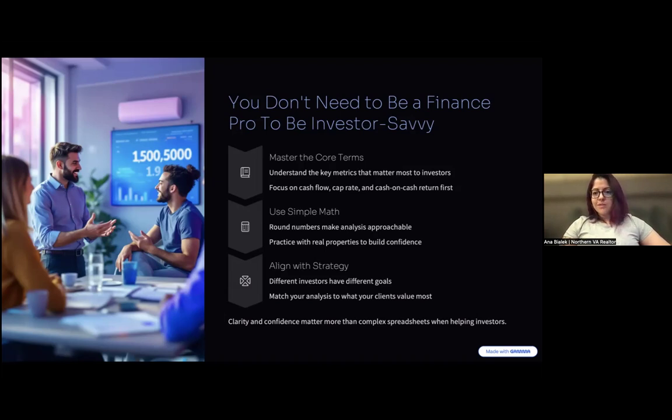That's the main goal for real estate investors: making sure their money is working for them and generating more money. So just practice so you can get clarity and become confident. Honestly, having that is way more important than whipping out a 50,000 line spreadsheet and showing someone a bunch of numbers. Investors want to know that you understand them, what's important to them, and why it's important to them.